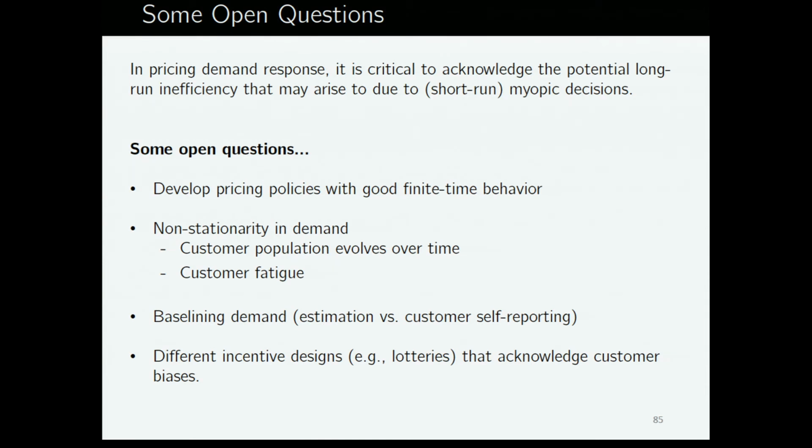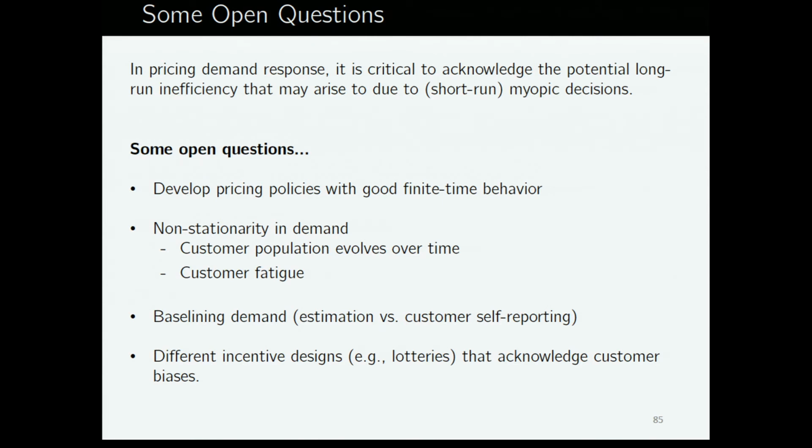Customers may be coming in and out of the program. How do you capture that non-stationarity in the policy you use? You might also experience customer fatigue effects. If customers see a sequence of very low prices, they may drop out of the program after some period of time. So building these non-stationarities into the model would be interesting.